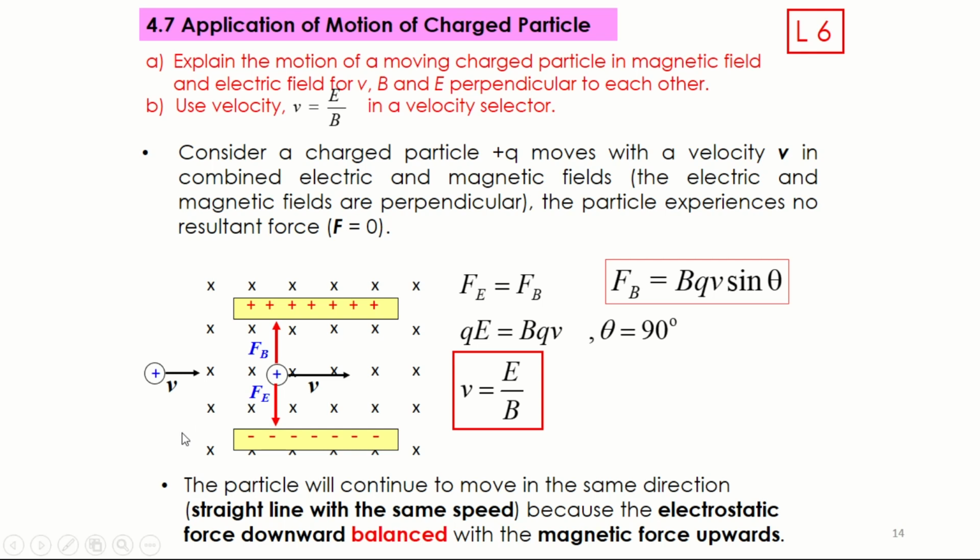Here our test charge is positive, so the direction of FE is downward. To determine the direction of FB, we use the right hand palm: direction B into the page, direction V is the direction of the thumb, to the right. So you get the direction of the palm upward, which means the direction of FB is upward.